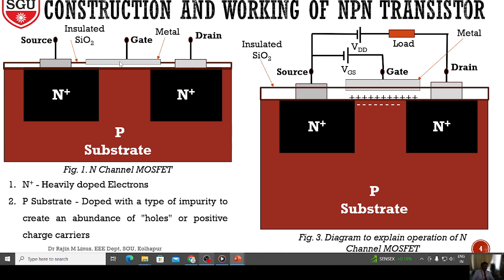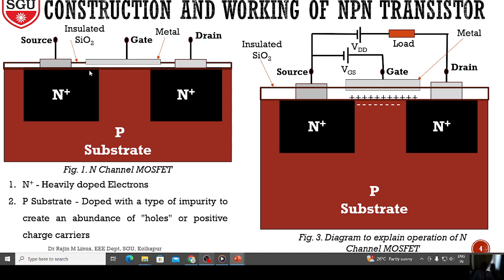This gate is not directly connected to the body of the p type, because one insulating material is connected. So the current flowing through the gate is not directly controlling the entire metal oxide silicon field effect transistor.